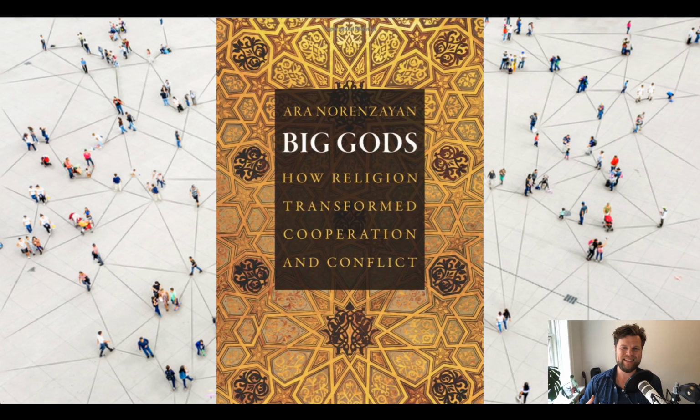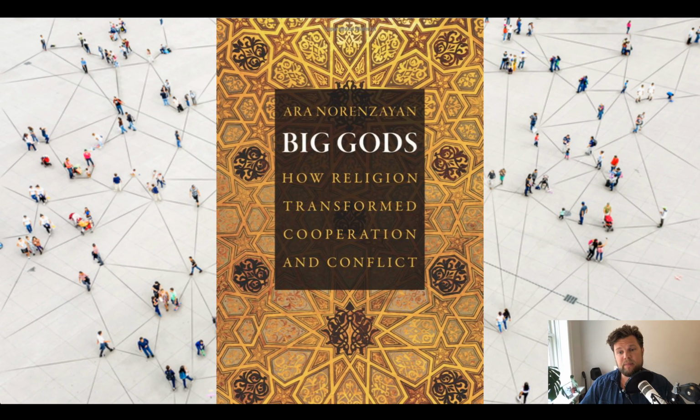An answer that has become popular to this question in evolutionary anthropology is what was described recently in this book called Big Gods, and it is that religion was part of the secret sauce that made this possible.